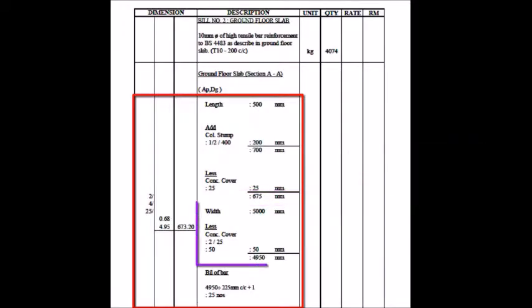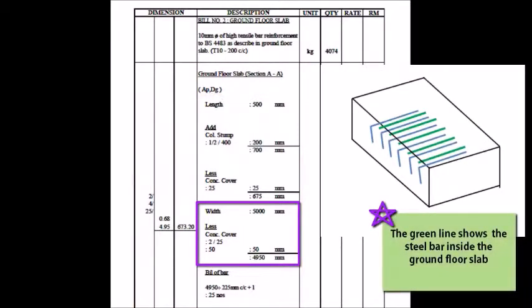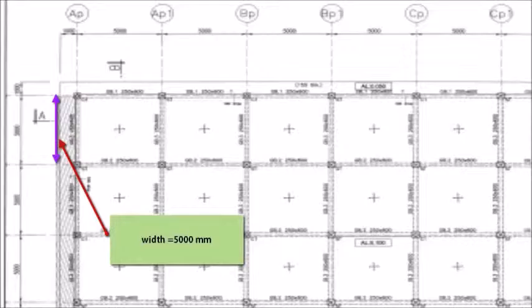After that, proceed to the width. For the width of the placement of steel bar, it is stated that the steel bar is placed one by one at 200 mm from center to center. So, from the ground floor key plan, we can see that the width of the placement of steel bar will be according to the width of the ground floor slab.